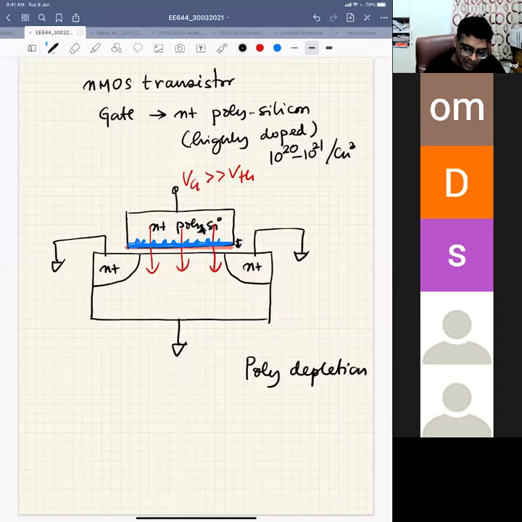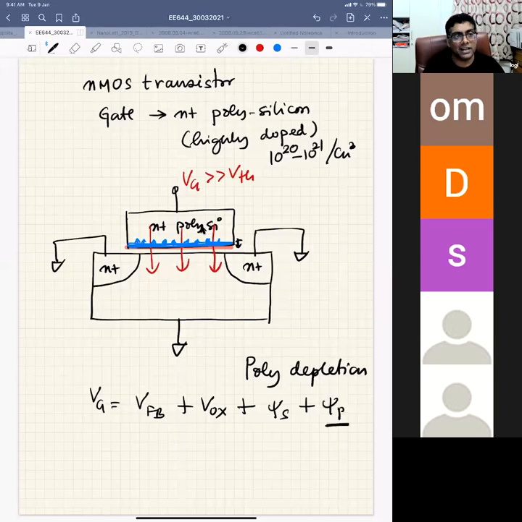Because of the depletion, there will be a region which is not very highly doped. We talked about VG, when you're applying some gate voltage, VG equal to flat band voltage plus the drop across oxide plus the drop across silicon. But because of the polysilicon, I'll have a drop across polysilicon, psi p, because at very high gate voltage it will happen.